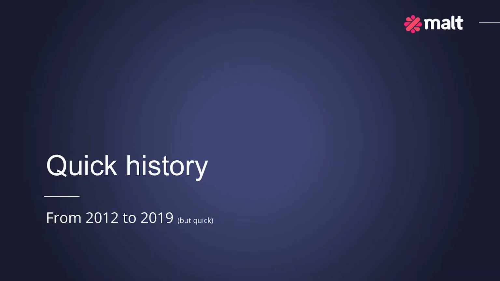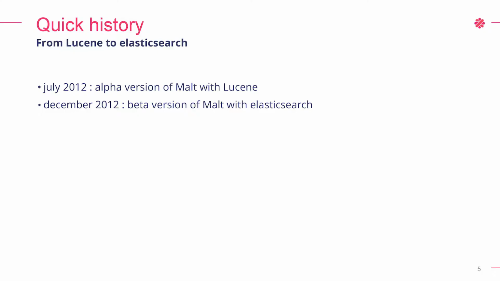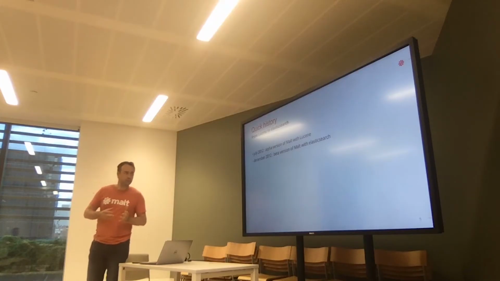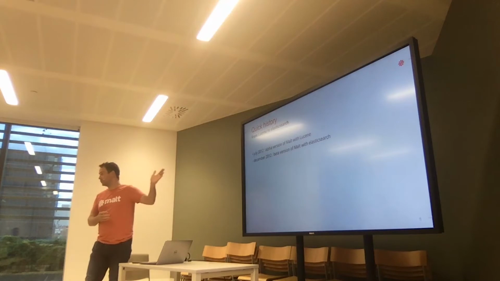But before that, I just want to explain why we use Elasticsearch at Malt. So I will give you a short history of our usage of Elasticsearch. We started Malt in July 2012, but it was an alpha version, of course. That was our first meetings between the three co-founders. And at this stage, we didn't start with Elasticsearch.